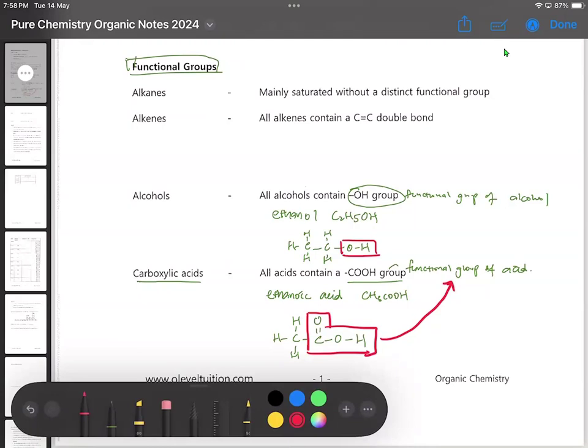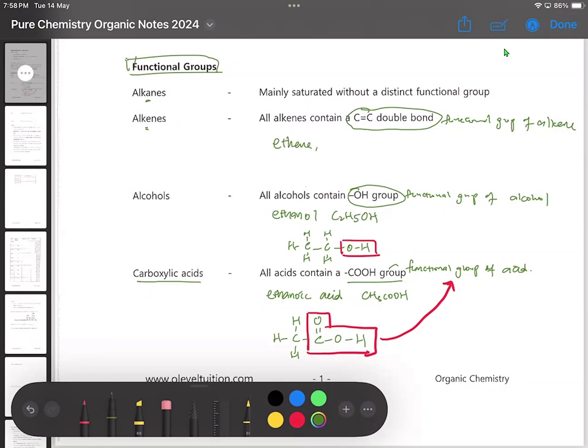Okay, next, let's look at alkenes. As you can see, this substance here has a CC double bond. Again, this is the functional group of alkenes, the one with the E. Notice there's one with the A and one with the E. The one with the E is the one with the CC double bond. I can draw a sample for you, which is ethene.